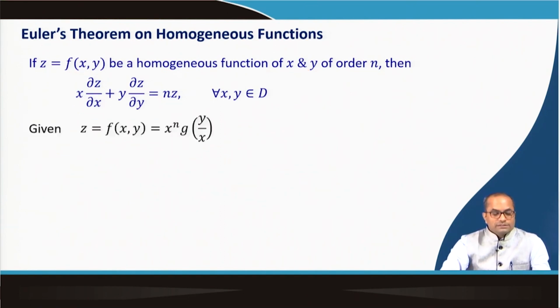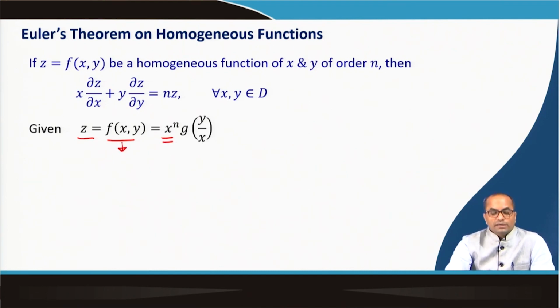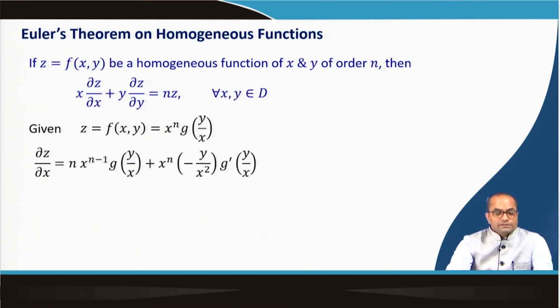So, how is this result coming? Suppose z equals f(x, y), and since this is a homogeneous function, we can write it as x power n and g of y over x. It is given to us that this is a homogeneous function, and then we take the partial derivative with respect to x only.